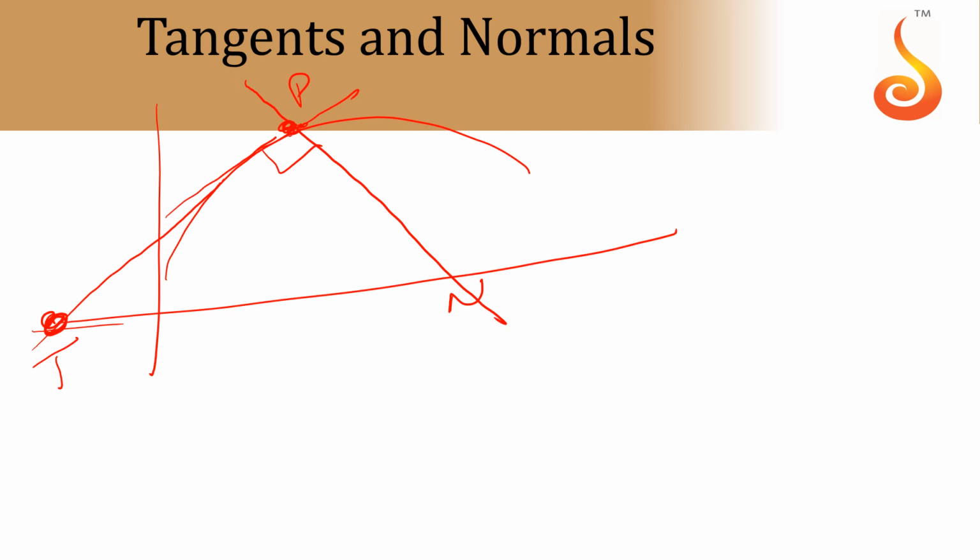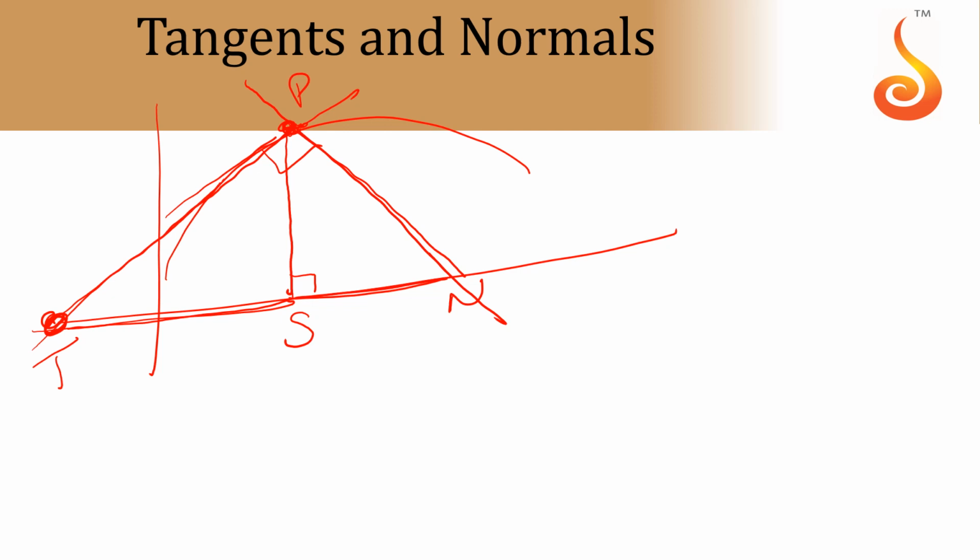Now from P, if you draw a perpendicular to x-axis, let it be S. Then remember this ST is called subtangent, this SN is called subnormal, and this PT is called tangent and PN is called normal. So here four words are there: tangent, normal, subtangent, subnormal. Subtangent, subnormal are coinciding with x-axis, so their equations are y equal to 0. And you know how to get the equations of tangents and normal.